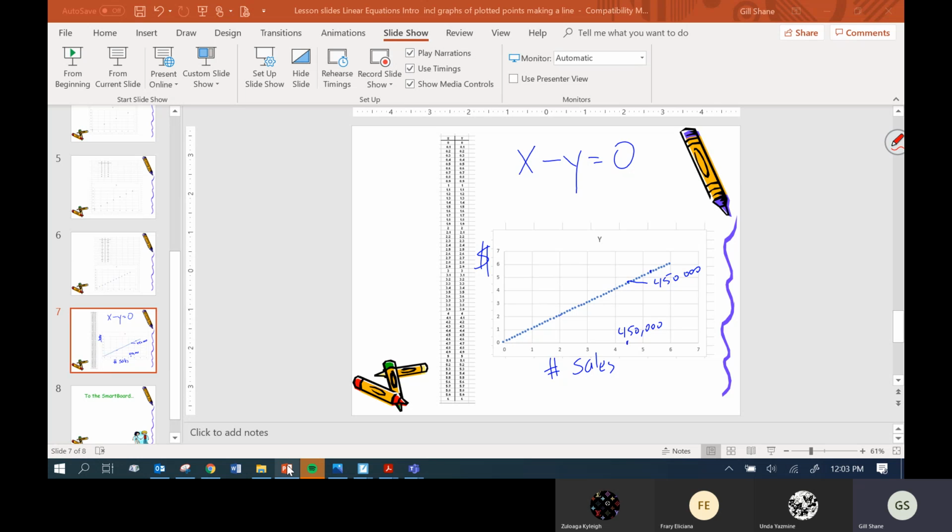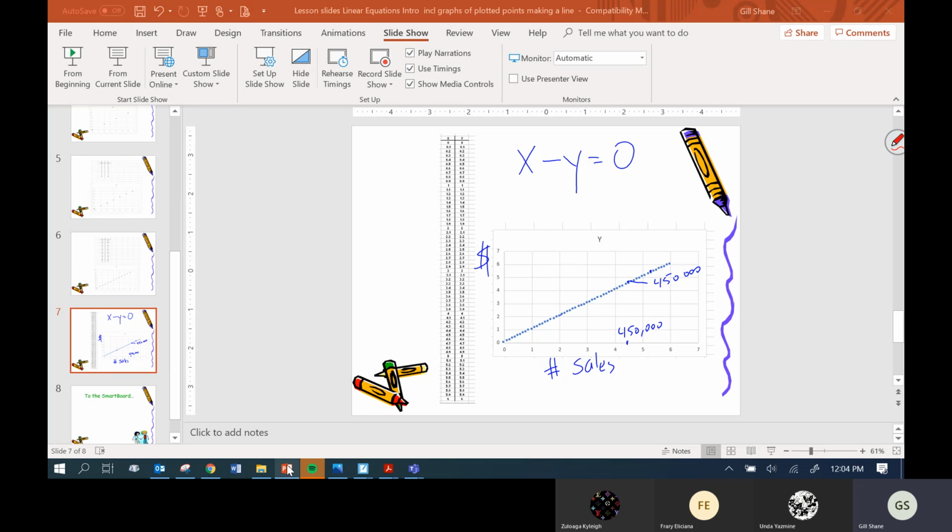It's an infinite number of x and y values that make the equation true, because all of these numbers over here make this true. And they follow a pattern. The equation is kind of like the rule or the pattern we talked about. If they didn't follow a pattern, they'd just look like a bunch of random dots everywhere. But the reason they form a line is because they follow the same pattern.